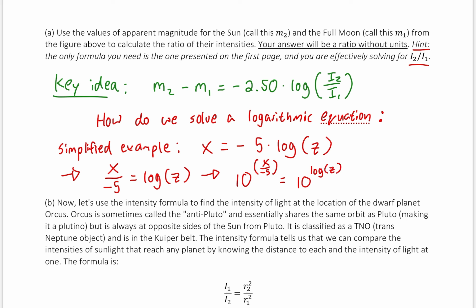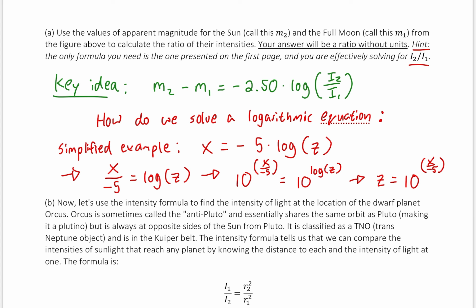Well, there you have it. On the right-hand side, the 10 raised to the log of z will undo each other. In other words, raising 10 to a power and the log are inverses. They undo each other. All that's left is what's inside of the logarithm. And so our final expression will just be z equals 10 to the x over -5.